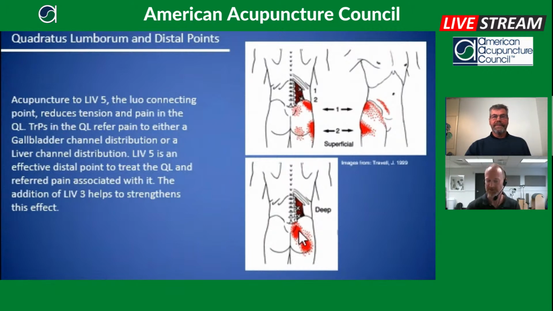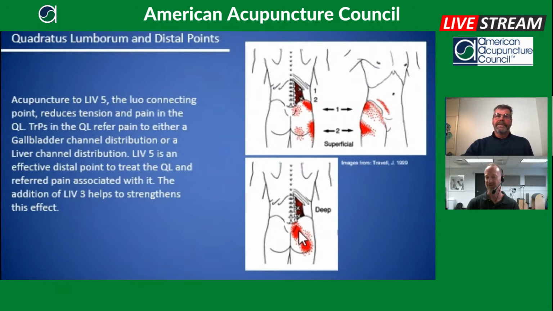Maybe. That's open to debate, and I haven't seen it quite summed up that way in discussion of trigger point sensitization. But it would make sense to me because there's such a neurologically intimate relationship between those nerves and the quadratus lumborum.